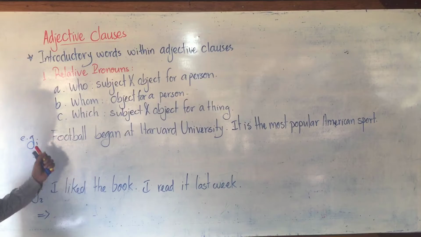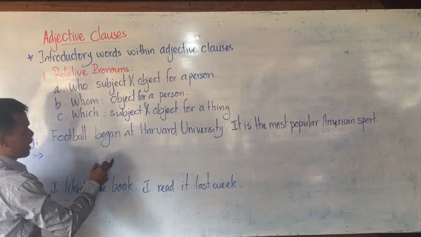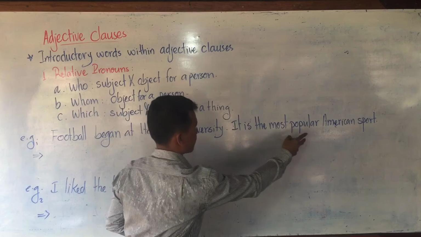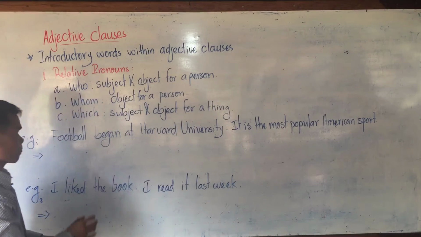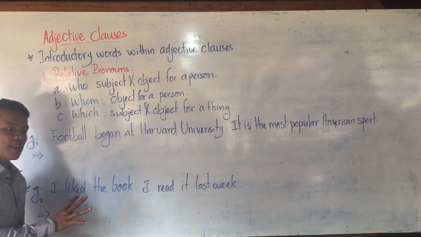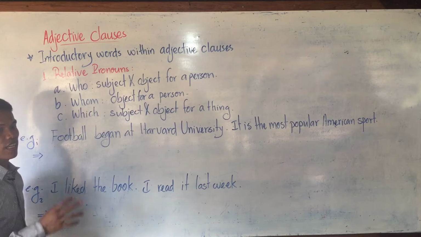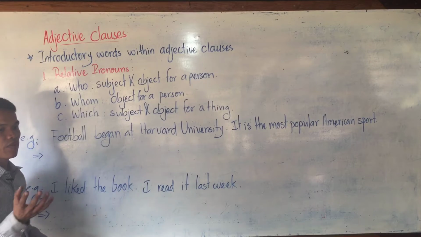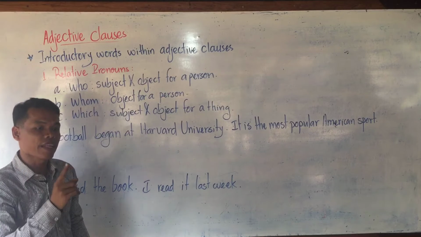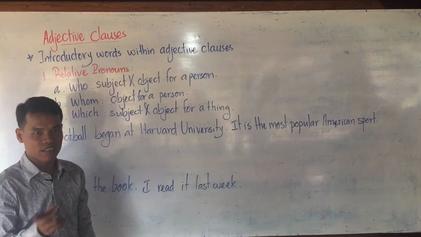Look at the example. Football began at Harvard University. It is the most popular American sport. Who and whom can be used in both non-defining relative clauses and defining relative clauses, with a comma and without a comma. And which too can be used in both defining relative clauses and non-defining relative clauses.